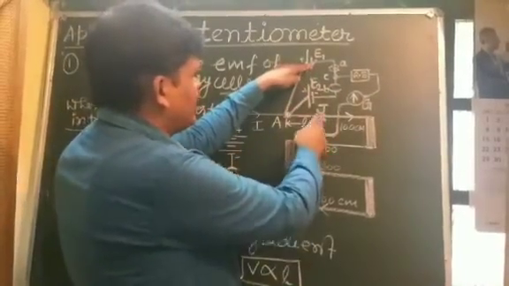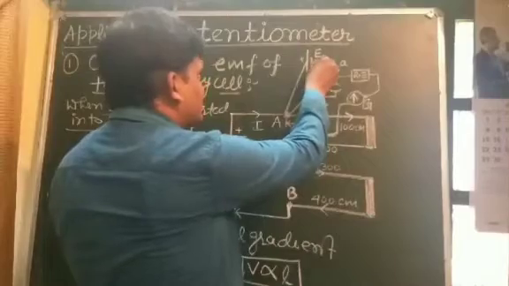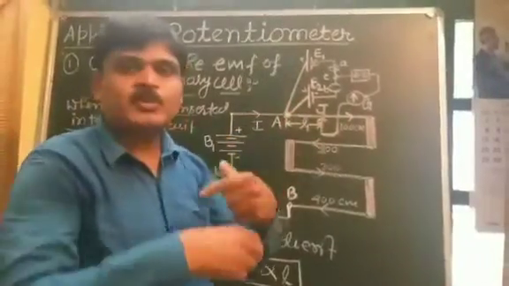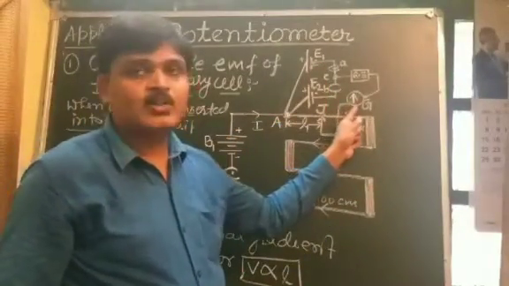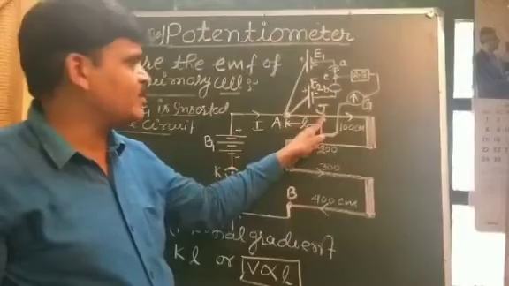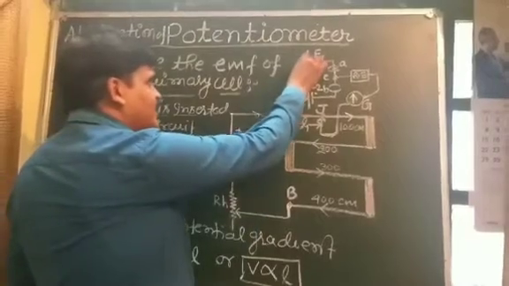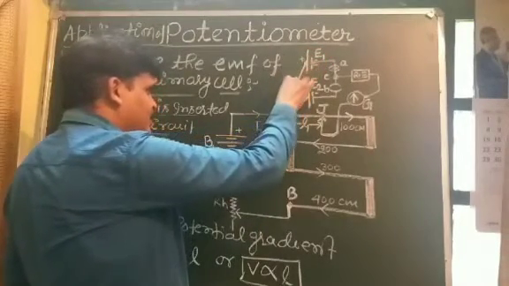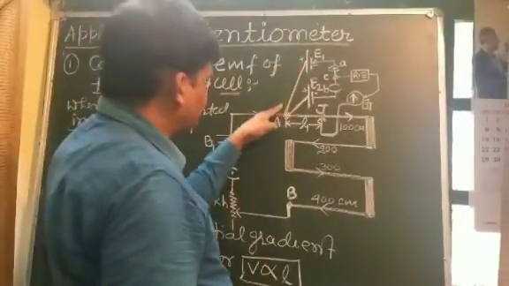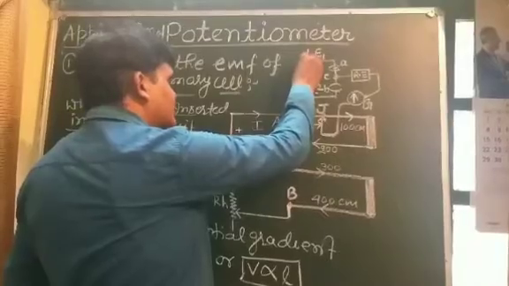If there is no flow of current through the galvanometer, it means the potential at this point, the negative terminal, and the potential at this point are the same. So the potential at the negative terminal of the cell and the potential at J are the same. In the second case, see here, the positive terminal of the cell E1 is connected to end A. This is a resistance-less wire, so the potential at this point and at this point is the same.